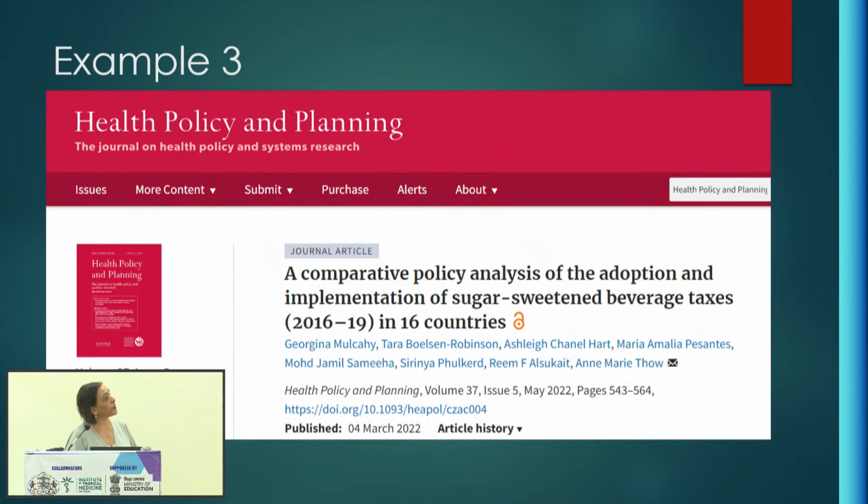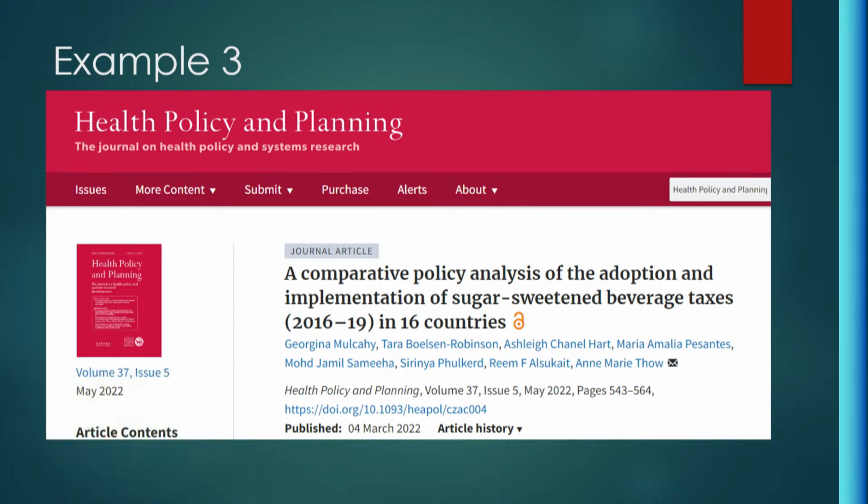Good. The next one. Comparative policy analysis of adoption and implementation of sugar-sweetened beverage taxes in 16 countries. What is your clue in terms of what type of study? Yeah. Implementation, but also I should have actually circled comparative policy analysis, adoption and implementation.